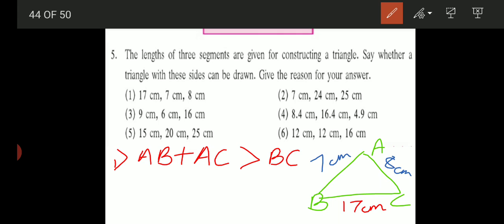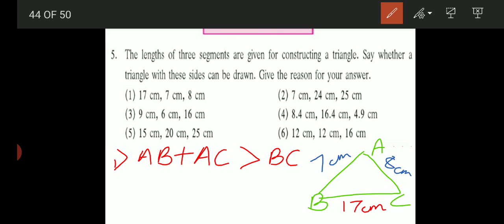Compulsorily, you have to keep the highest measurement value side as the third side. Once again I repeat, you have to keep the highest measurement value as your third side. That is why I have taken the combination of AB plus AC, which should be greater than BC.